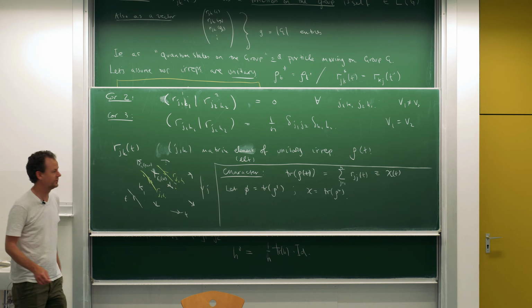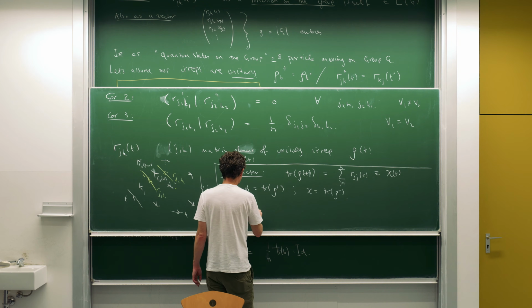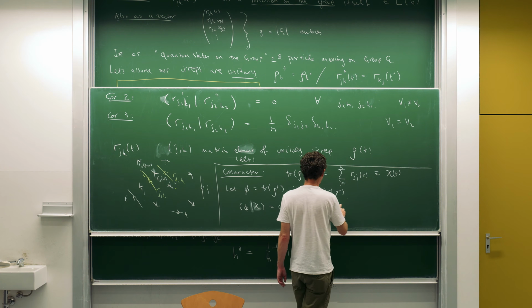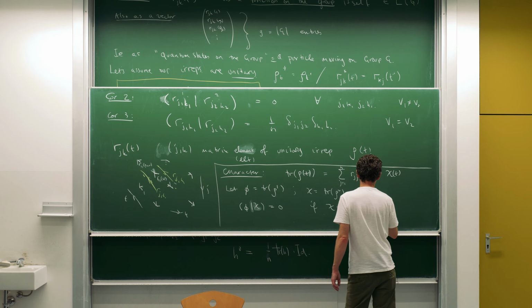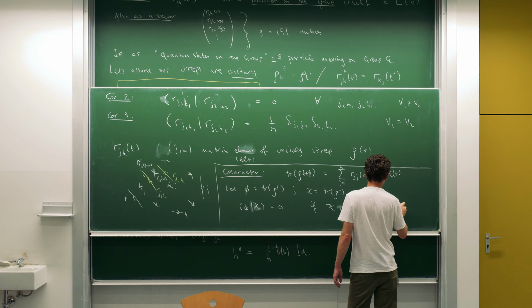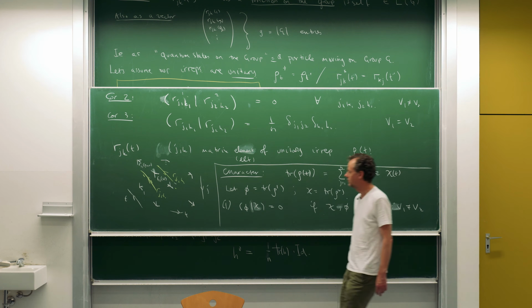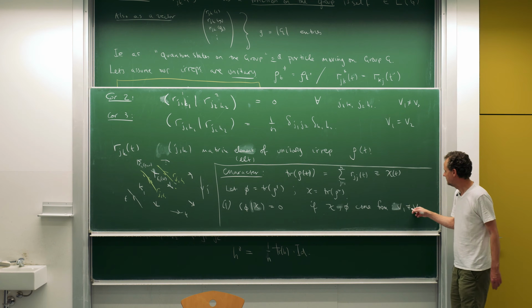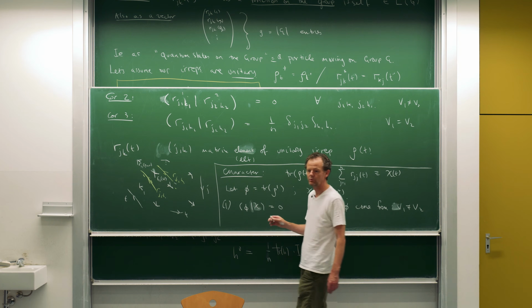I'm going to use corollaries 2 and 3 to determine something very interesting. Corollary 1 straight up tells us that if our characters come from different irreducible representations, this inner product here is always 0.